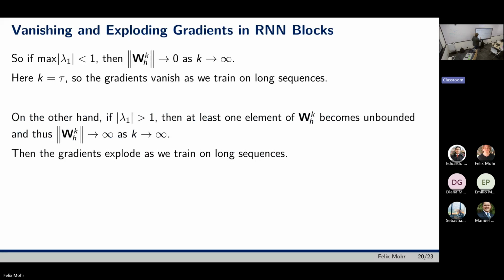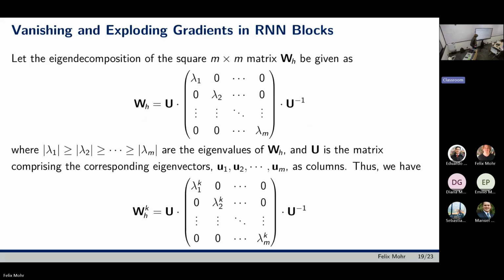So what if there is an eigenvalue bigger than 1? Then you have exactly the opposite, and this blows up. If it's 2, for example, and you have a sequence of length 20, then you have 2 to the 20, which is still manageable. But if it's 4 or 10, then 10 to the 20 is not manageable anymore.